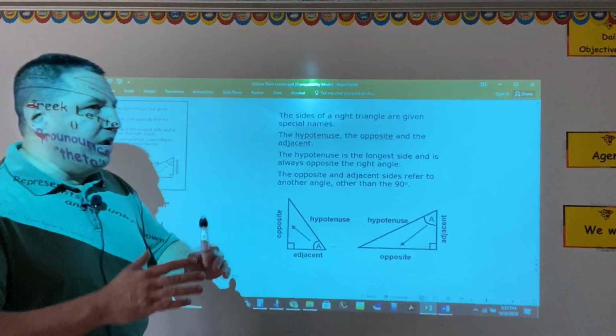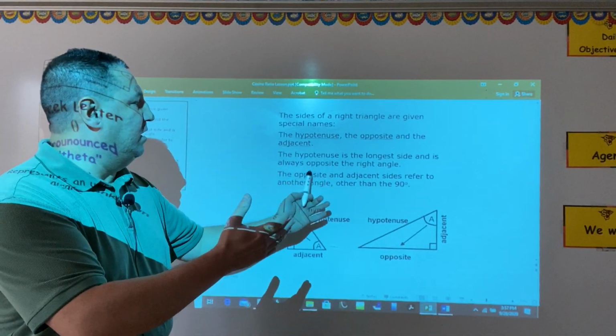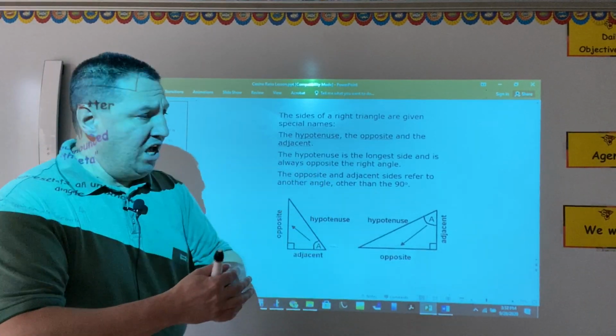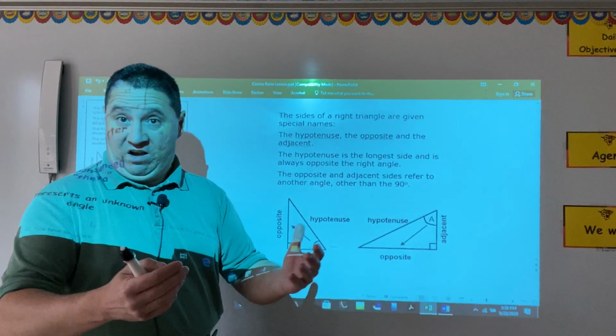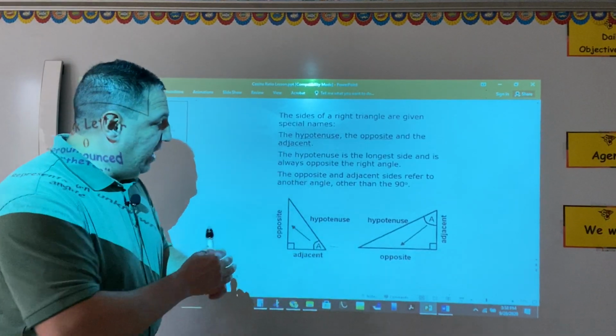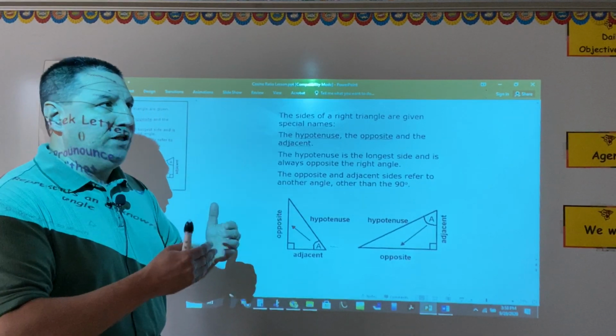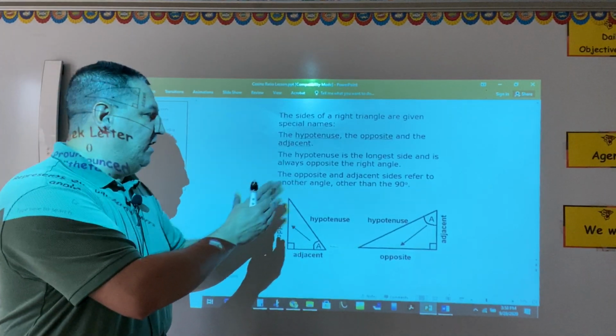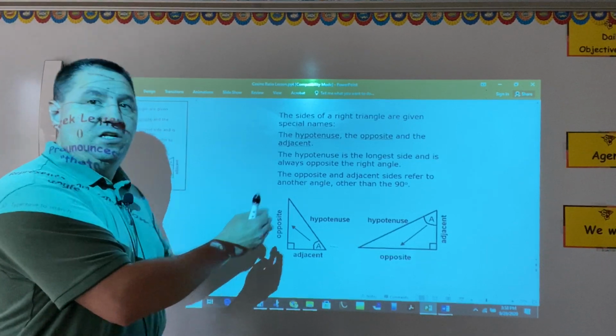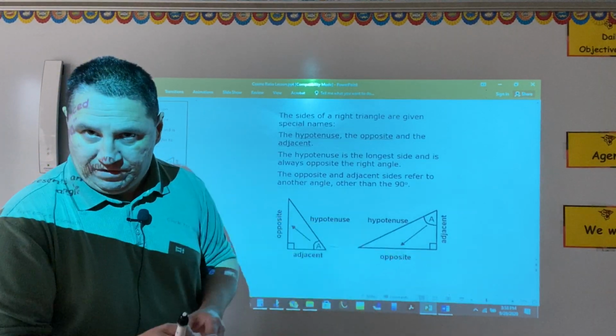So how do we identify the opposite and adjacent side? We mark the given angle and we find or try to locate the sides in terms of the given angle.